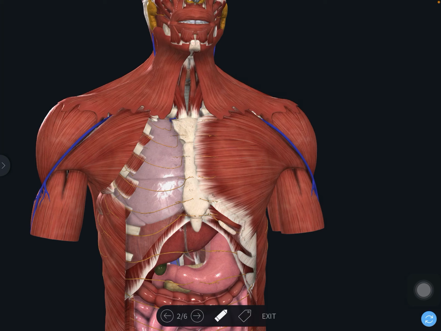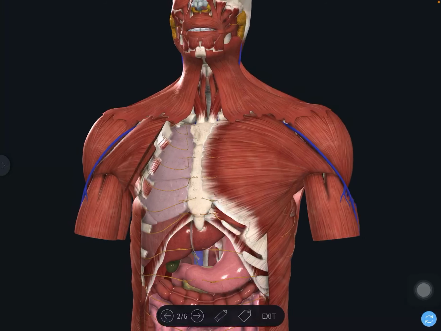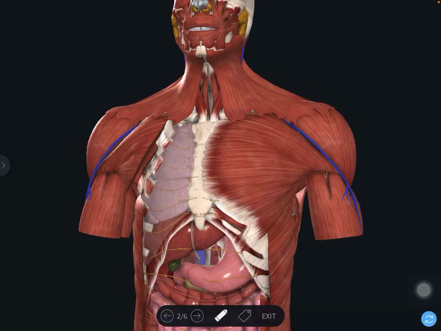From outside to inside we have 3 muscles: intercostalis externus, intercostalis internus, and intercostalis intimus. So these are the 3 intercostal muscles.